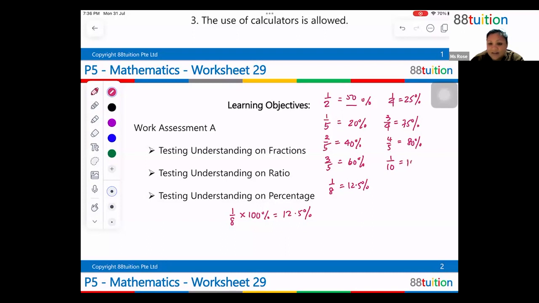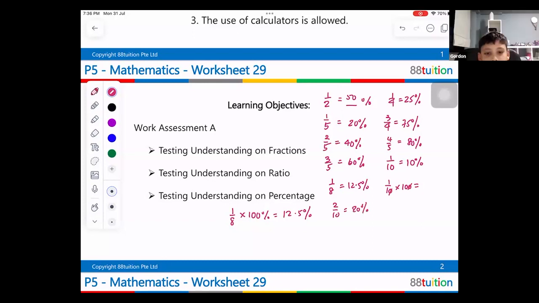All you need to do is take 1/10 times 100, so this will give you 10%, okay? That means 2/10 will be 20%, 3/10 is 30%, 4/10 is 40%, and so on. So these are some of the things you need to remember.